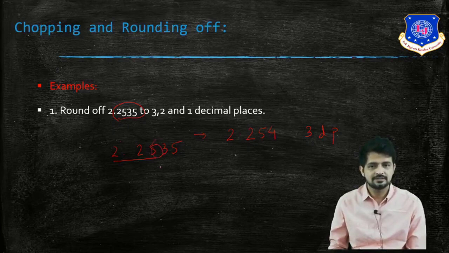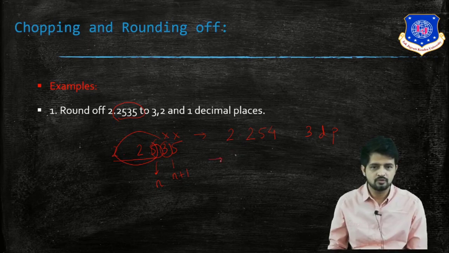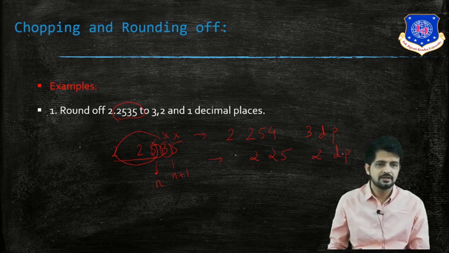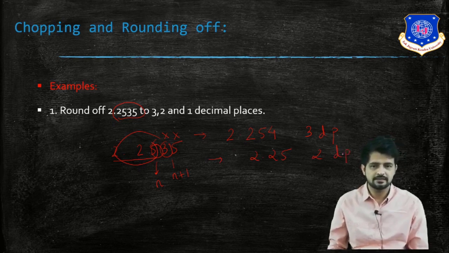So this is our nth digit and this is our n plus 1th digit. So we have to check the n plus 1th digit. The n plus 1th digit is less than 5. So we have to neglect these two numbers and write only 2.25. So our answer up to 2 decimal places will be 2.25. Okay, is it clear?